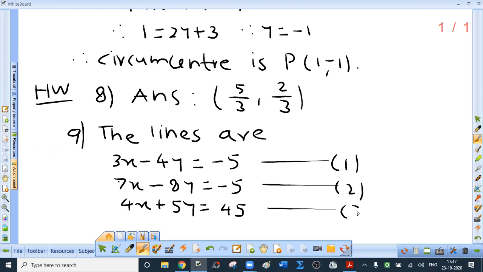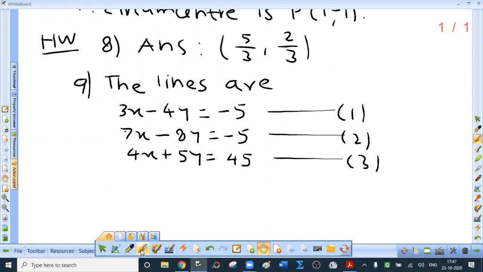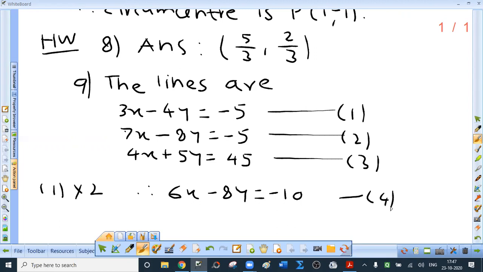Now it can be seen that the first and second can be solved easily. 1 into 2, therefore 6x minus 8y equal to minus 10. This is number 4. 2 minus 4 gives, I'm solving two equations.